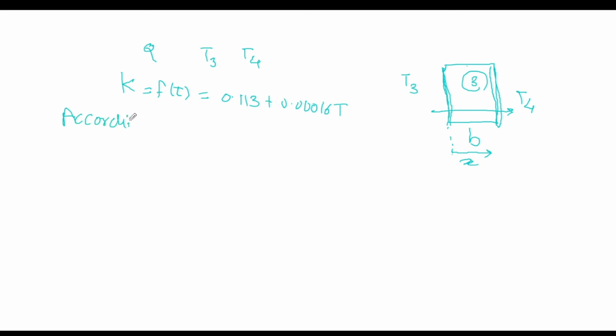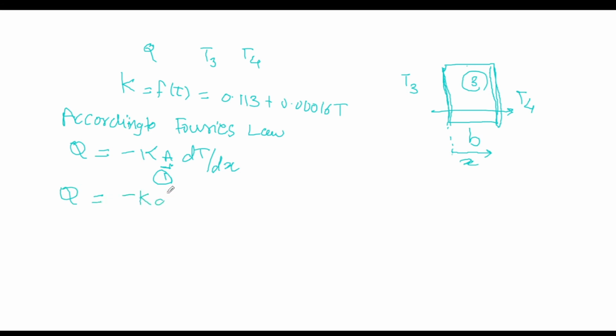According to Fourier's law, Q is equal to minus K dT by dx. Here we know the area, its value is 1 meter square. We have considered it as unit area. So we can write Q is equal to minus K into dT by dx.